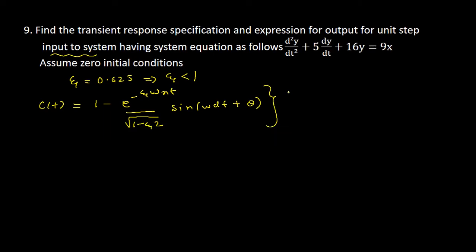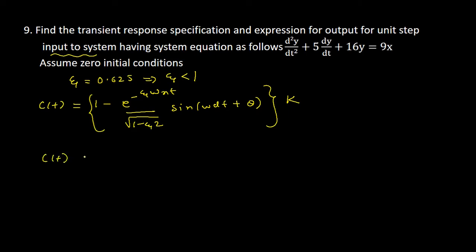And since in the transfer function the gain k is given, we will multiply this value with k. Now we put all the values of gain k, zeta, omega n, omega d and theta in this equation.